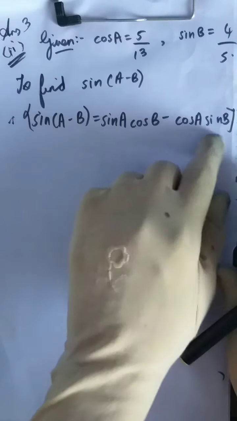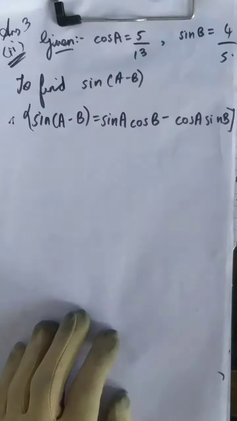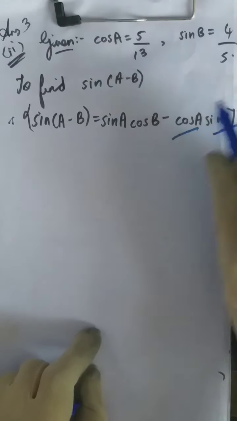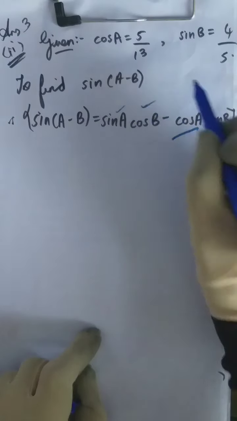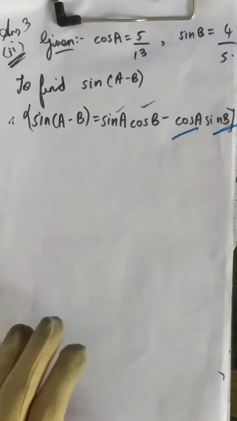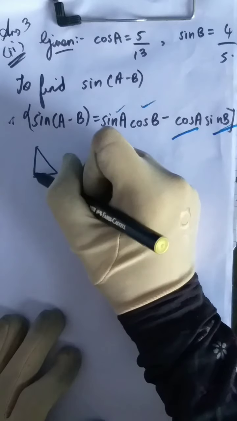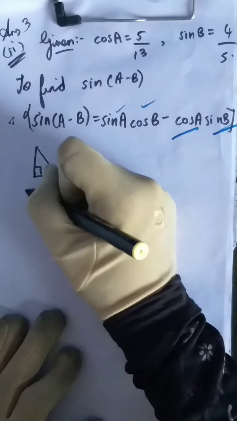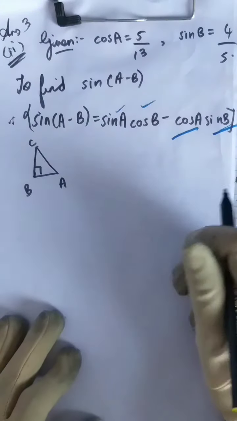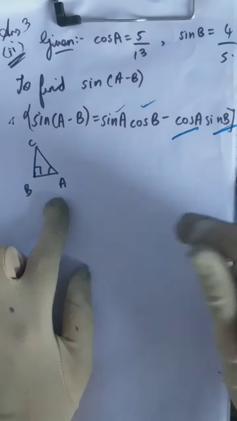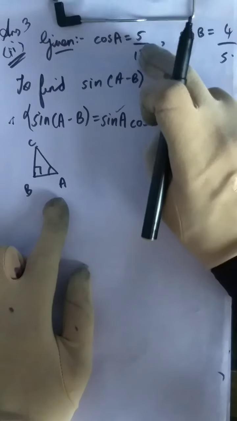In the question it gave the value of cos A and the value of sin B. This value is given and this value is given. We have to find sin A and cos B. How to find them? We know by using right angle triangles. Let us suppose this is our triangle ABC, and cos A is 5 by 13.